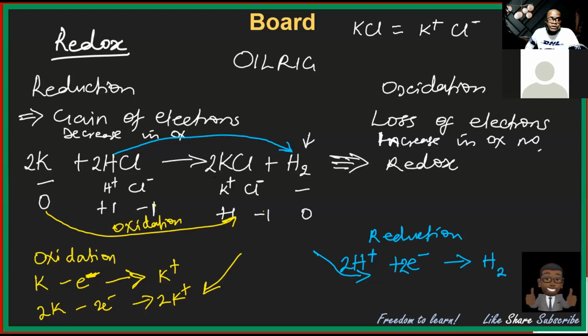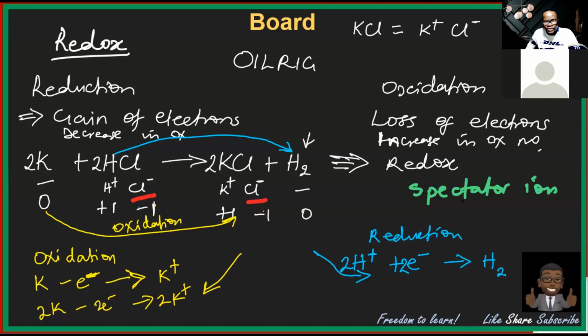Now, to use this as a teachable moment, if you look here, we notice that chloride is not changed. It's -1 here and -1 here. Species like this that remain unchanged are referred to as spectator ions.